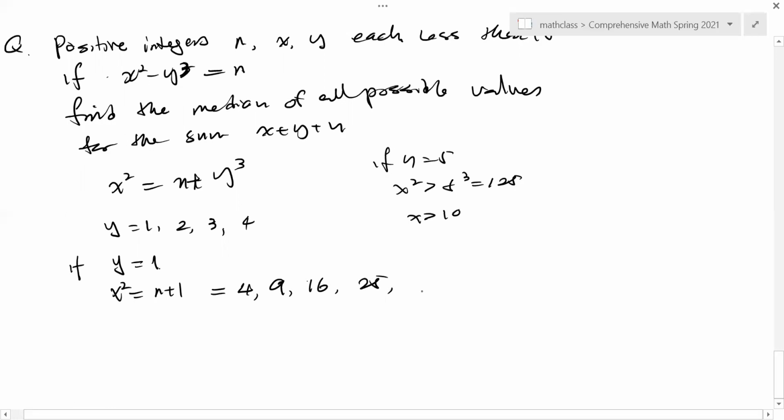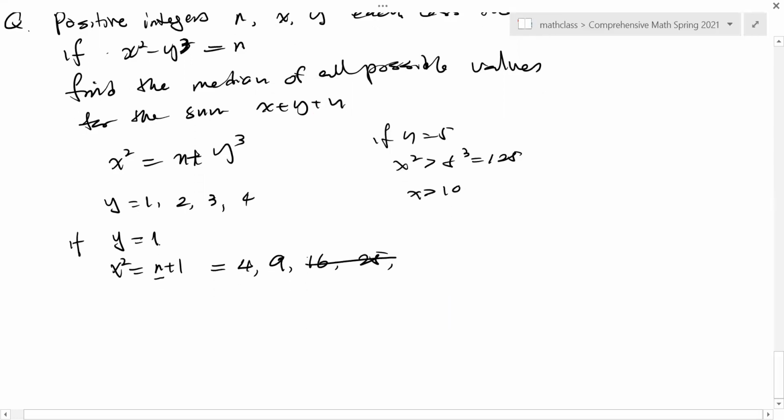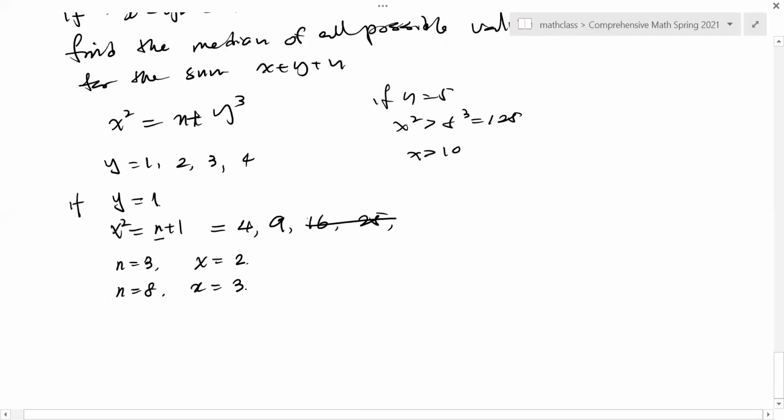However, since n cannot be larger than 10, you exclude this and just stop there. So then you only have two solutions. When n equals 3, x is going to be 2. When n equals 8, x is going to be 3. See? So that's how you solve these equations.